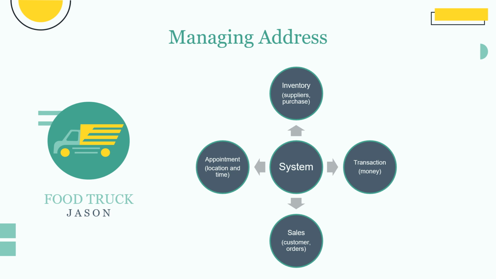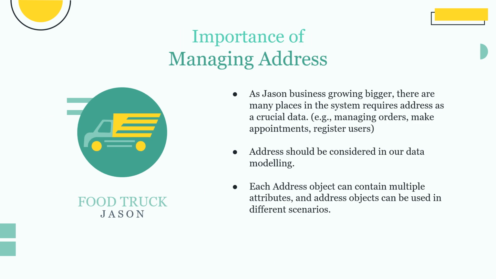From this chart, we can see that in many places in the system, address is one of the crucial data objects that is used many times in these functionalities. As Jason's business is growing bigger, the system requires address as a crucial piece of data.